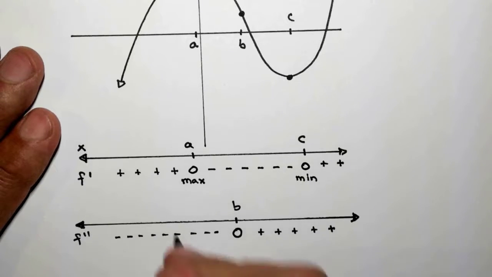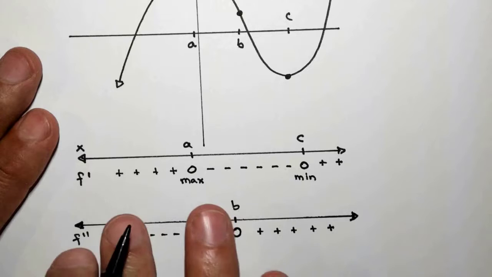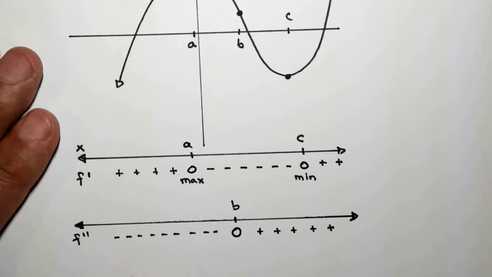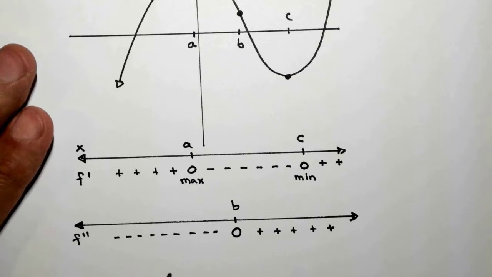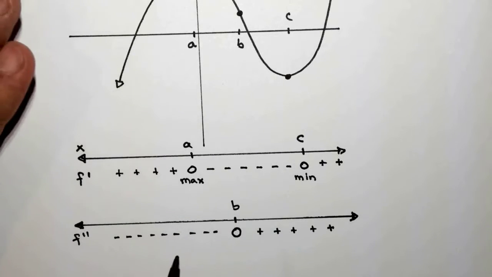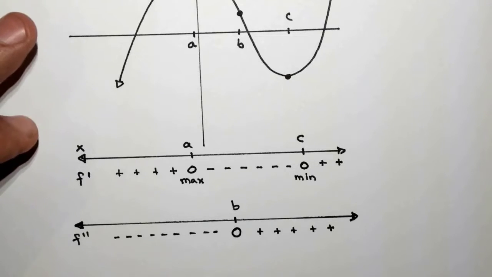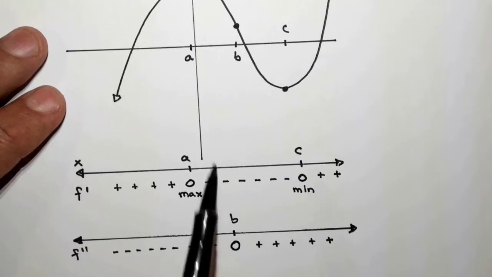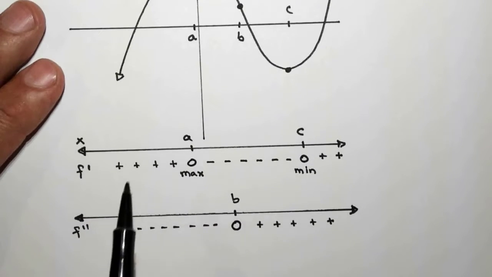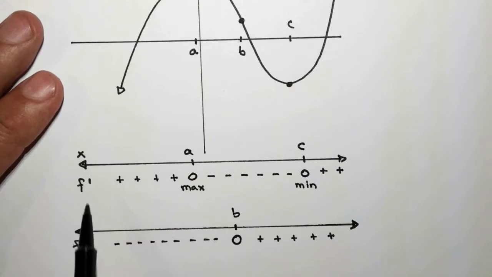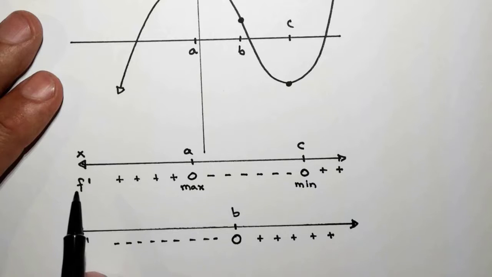And so, once again, just as we look at the relationship here, the definition of concavity is that a function is concave down when its derivative is decreasing. And what we have here is the derivative is decreasing because the second derivative is the derivative of the first derivative.